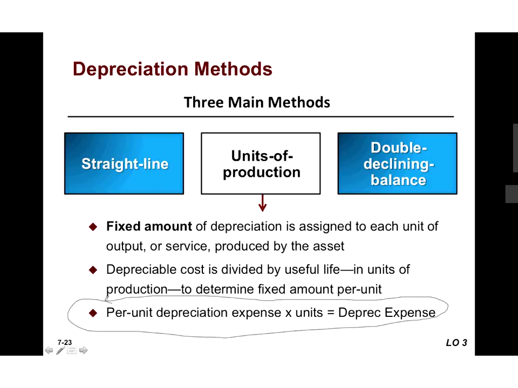We're going to go through an example where we'll go through how you calculate this, but you take your depreciable cost, divide by the number of miles or hours you have, whatever it is, and then to get your depreciation expense, you take that per mile times the total miles or something like that. This will become a lot more clear as we go through an example. I have an example. We're going back to the delivery van, so we have miles we'll be using.